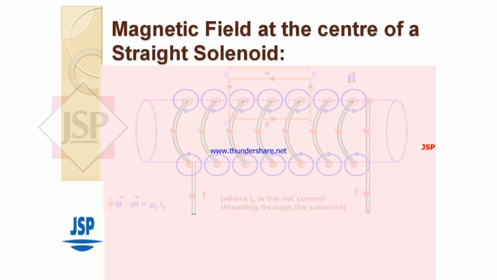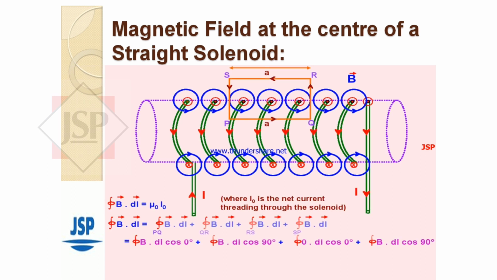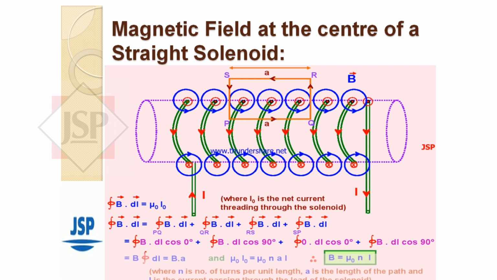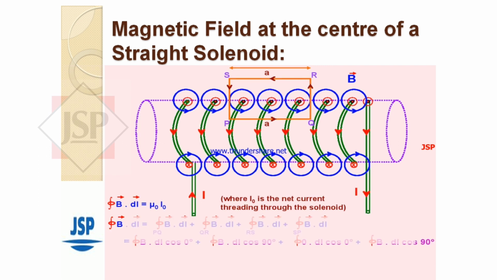Magnetic field at the center of a straight solenoid. ∮B·dl = μ₀I₀. ∮B·dl = ∫pq B·dl + ∫qr B·dl + ∫rs B·dl + ∫sp B·dl.